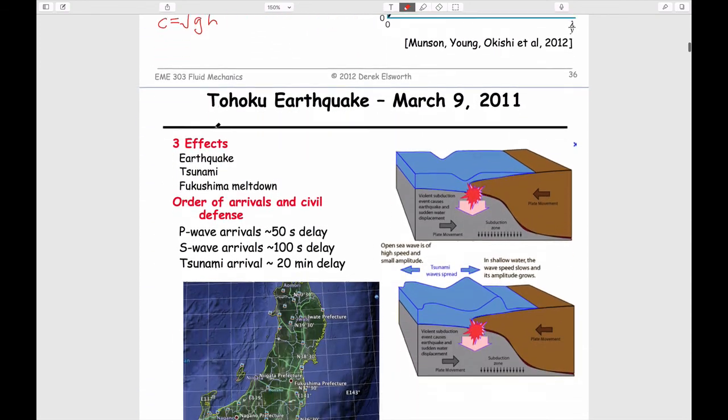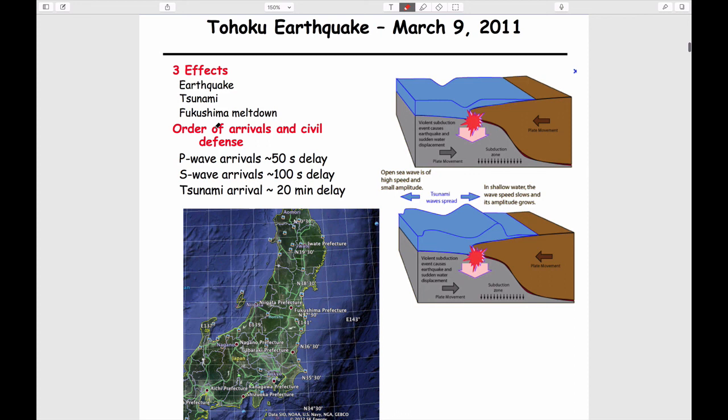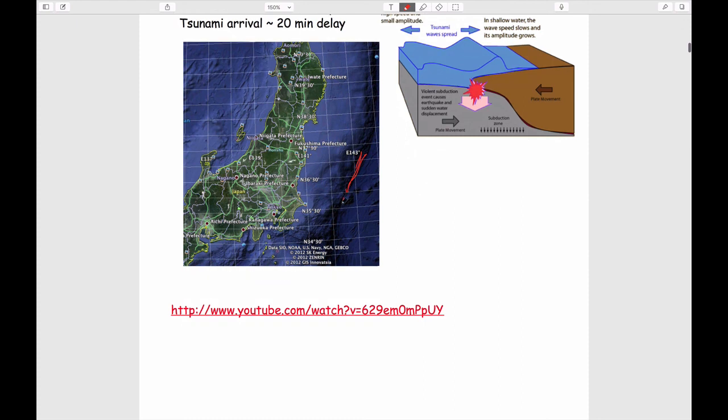All right. So the way that this can be used is that certainly the speed of sound in rock is relatively fast compared to the speed of sound in water or of the celerity wave. One example of this is the Tohoku earthquake in March of 2011. There's an earthquake about 100 kilometers offshore, which is about on the trench, on the east side of Japan.